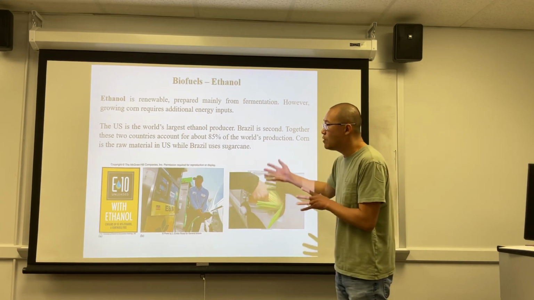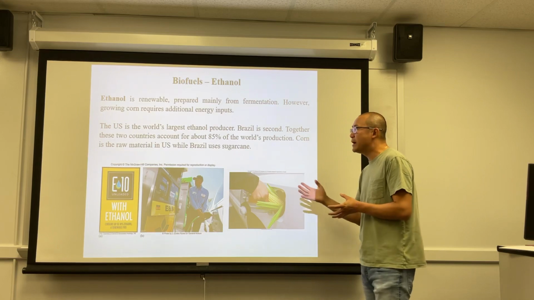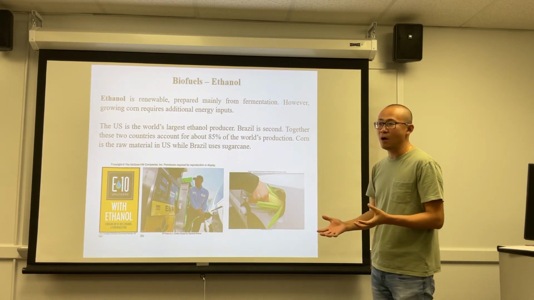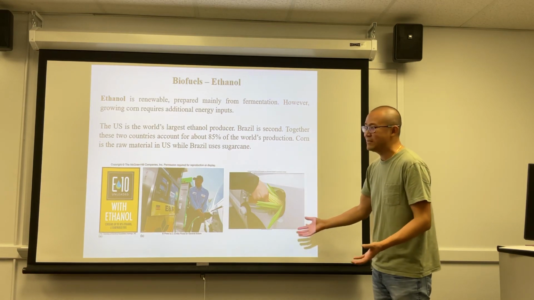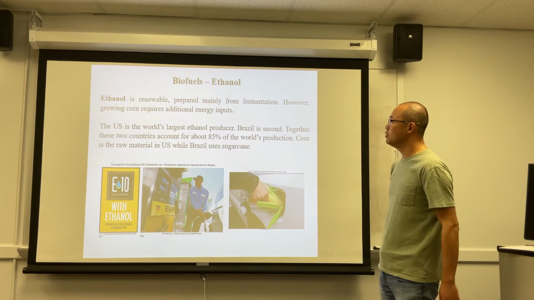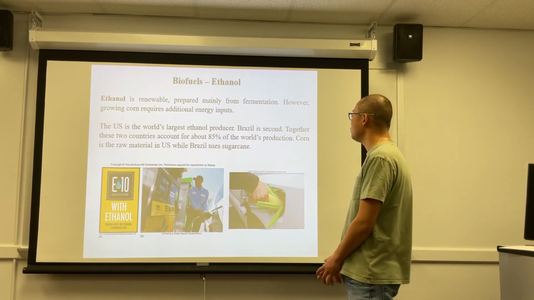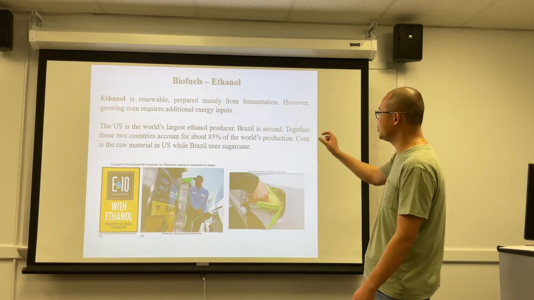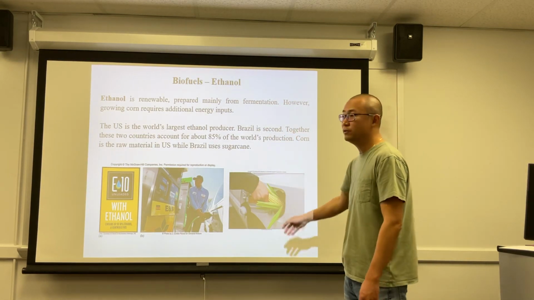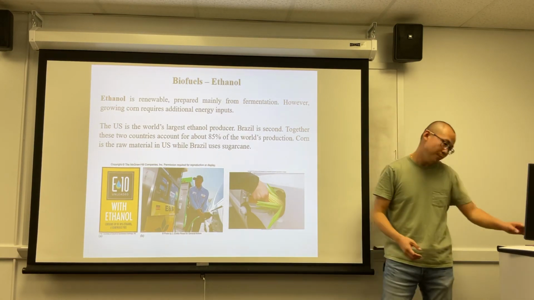So even though ethanol added in our vehicle is a biofuel, it is debatably not economical because you're basically burning food. You're converting food into fuel. The United States is the largest producer of ethanol. Brazil is second, but Brazil uses sugarcane instead of corn to do the fermentation reaction to produce ethanol.